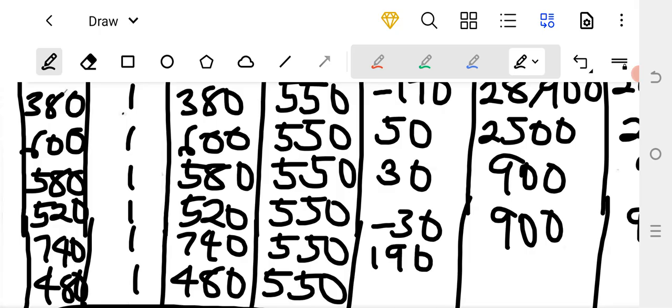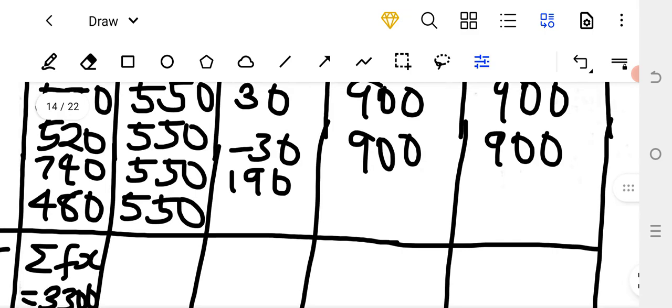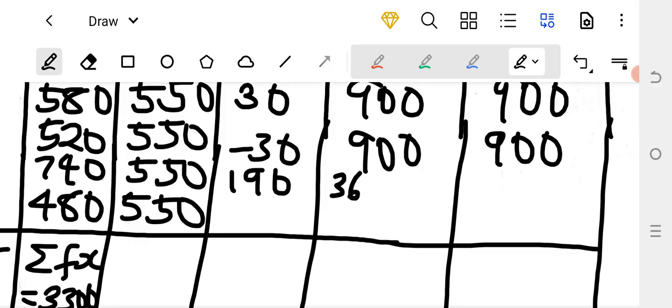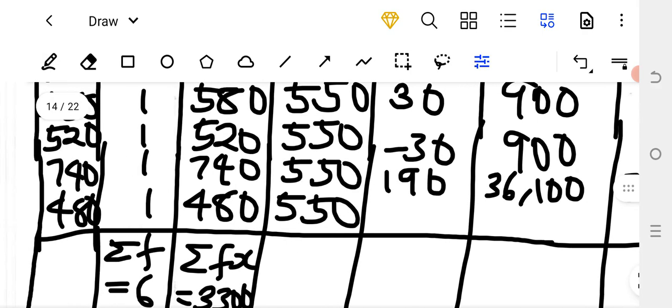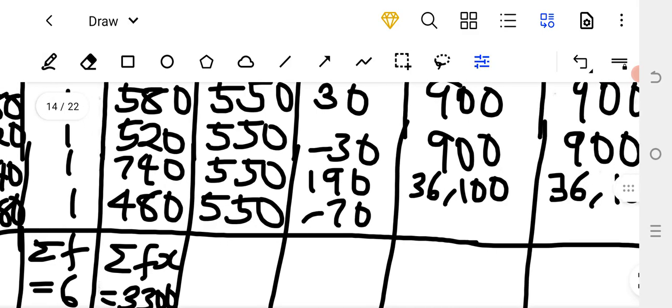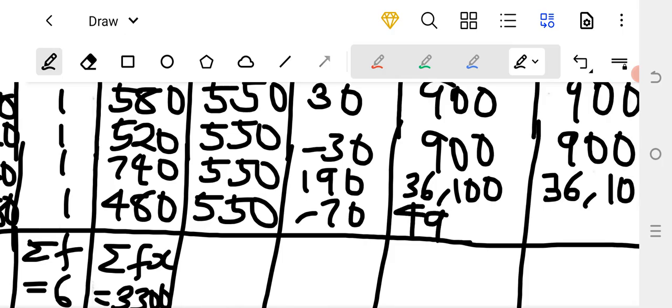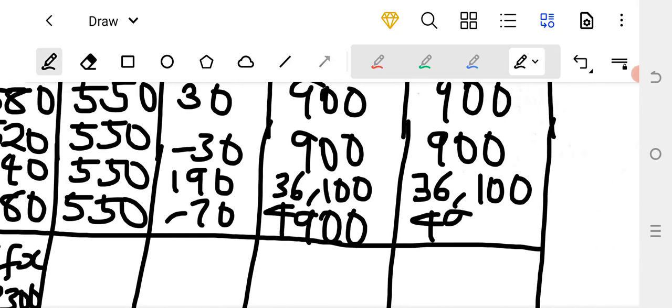You square the answer and get 36,100. Then 480 minus 550 gives negative 70. You square the answer and get 4,900, and write 4,900 here as well.